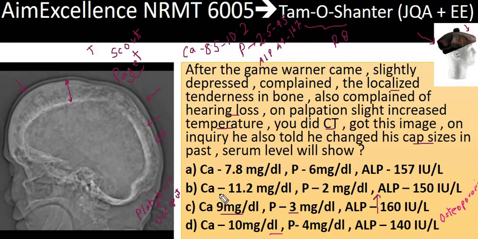Now here calcium is increased, phosphorus is decreased, and alkaline phosphatase is increased. That is seen in cases of primary hyperparathyroidism, which is generally due to a tumor in the parathyroid.